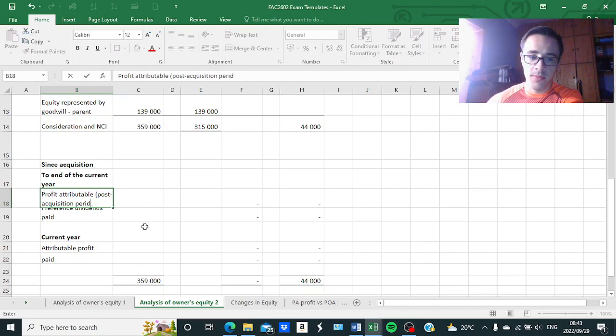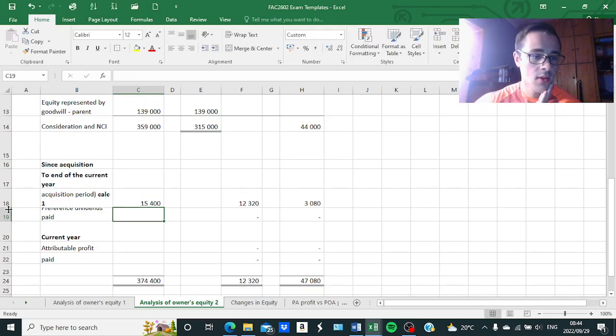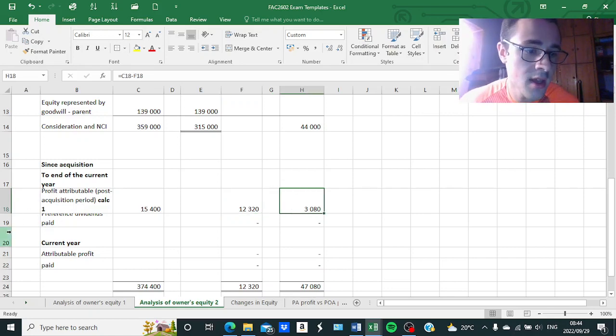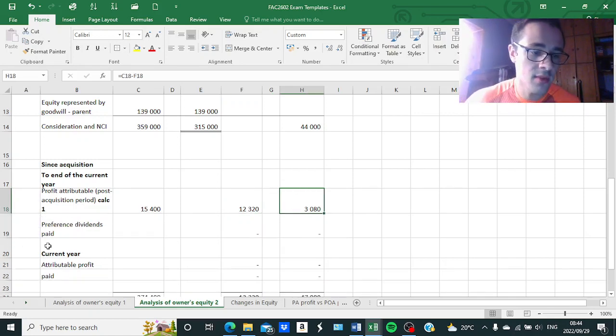The total that we have calculated in calculation 1, let me just correct this, this is from calculation 1, that being the 15,400. So 12,320 goes to the parent and 3,080 Rand goes to the non-controlling interest.